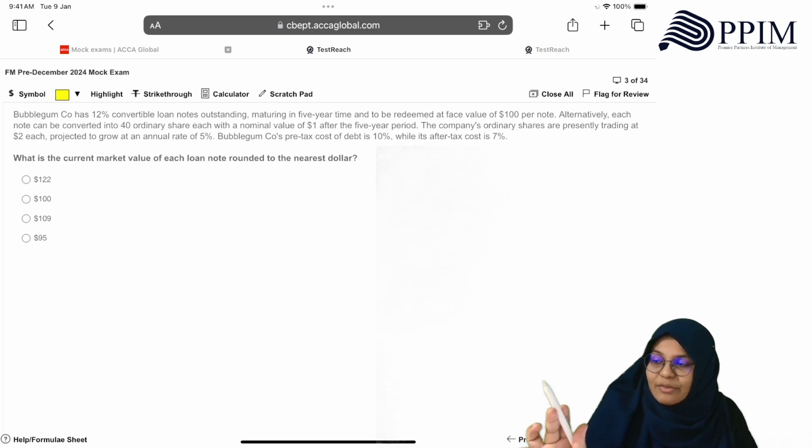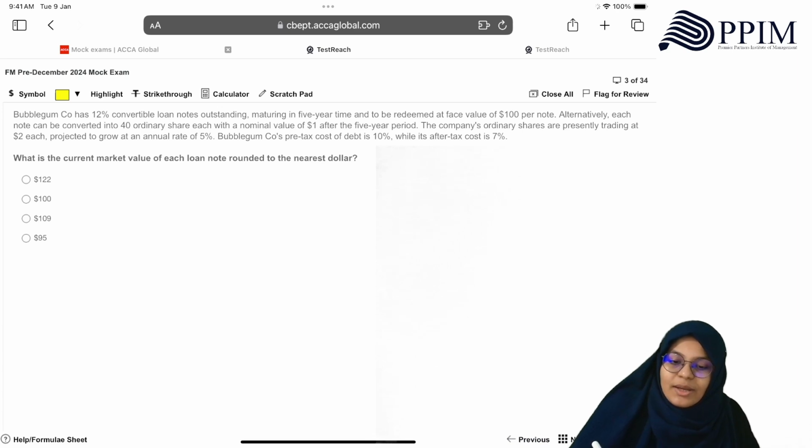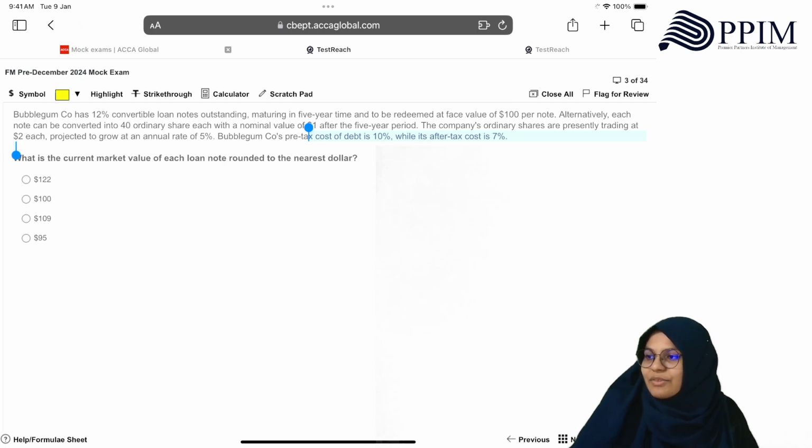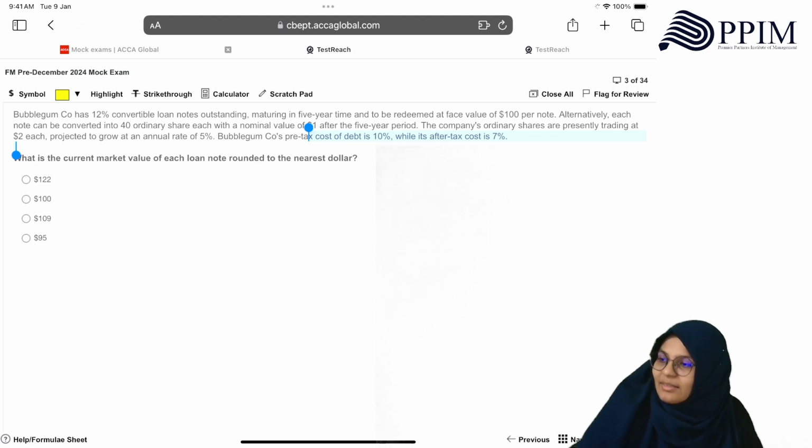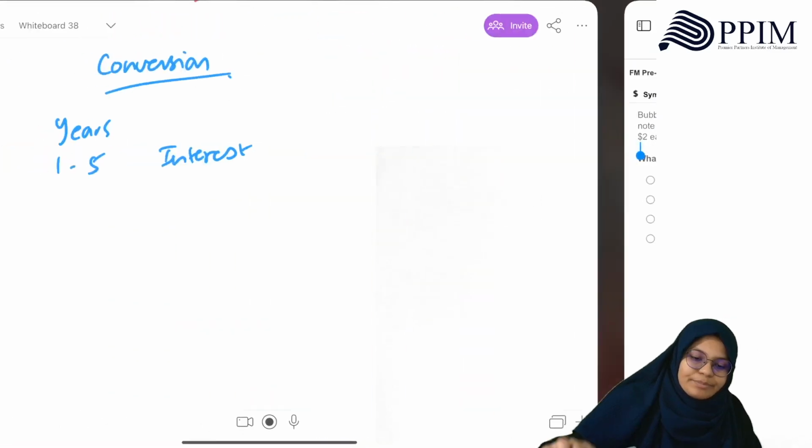But be careful. If you are not going to use interest times 1 minus t, you can't use the after tax percentage of 7. Because we did not include tax, that's the reason they have given pre-tax also. So in this case, since we are not making the adjustment for taxation, the rate that we are going to use for the discount factor also has to be the pre-tax rate, which is 10%. Okay, so be careful there.